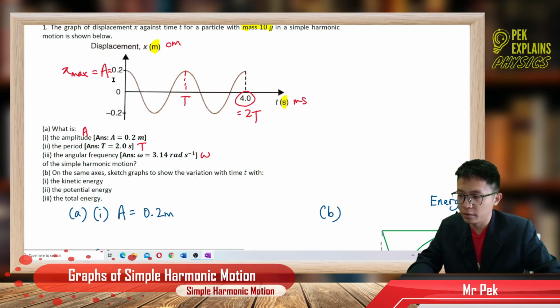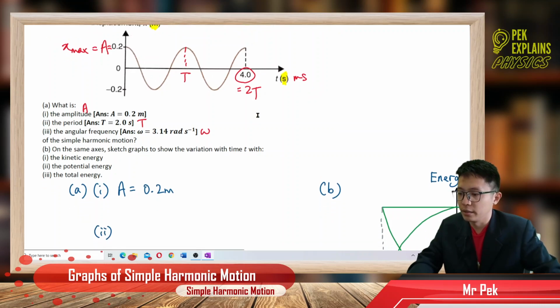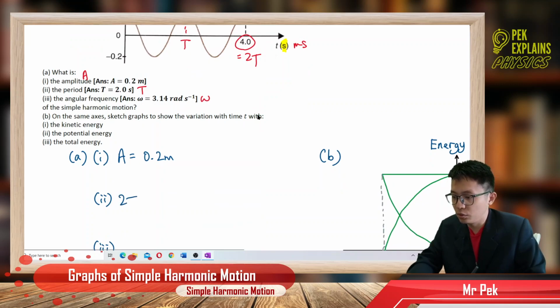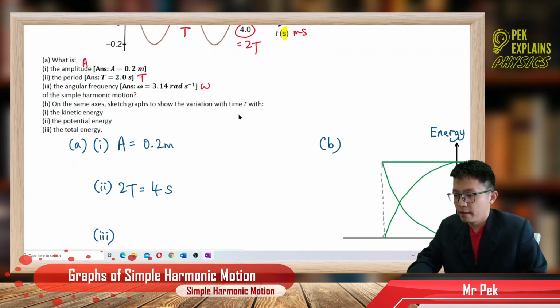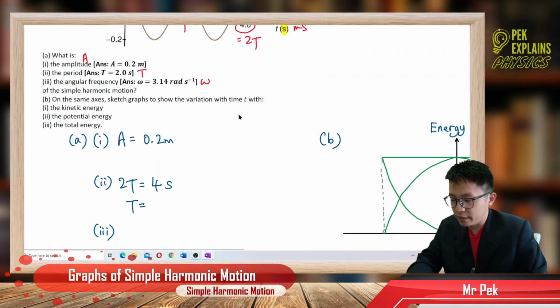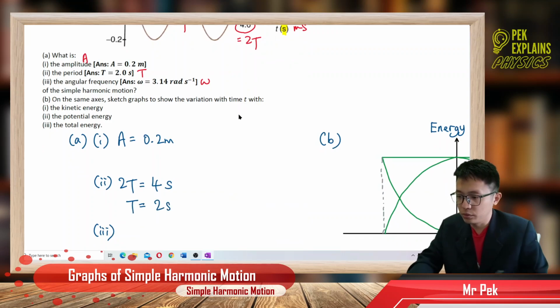So two periods equal 4 seconds. The unit is second, so be careful with the unit. So the period is 4 seconds divided by 2, which is 2 seconds. So that's the answer.